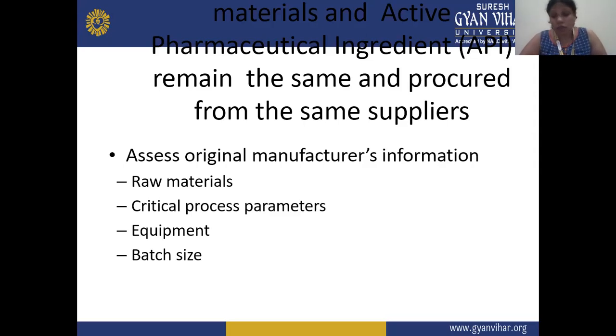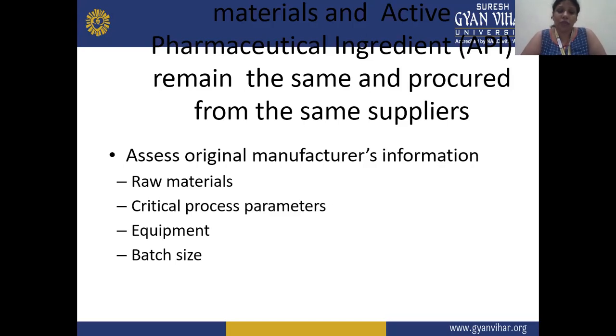If the batch size is low and if the batch size is very large, there is a difference in the technology and a difference in the quality of the product if we use the same method. So batch size should be mentioned during the technology transfer.